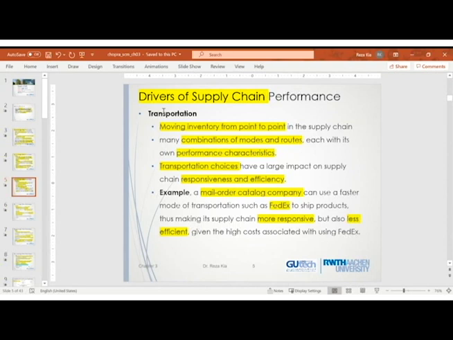Because FedEx is a kind of carrier that moves items with a fast transportation mode, but with a huge cost. So again, which kind of transportation mode you are choosing will affect responsiveness and efficiency. And also transportation policy, for example, a full truckload or less than truckload, will have an impact on these two criteria.